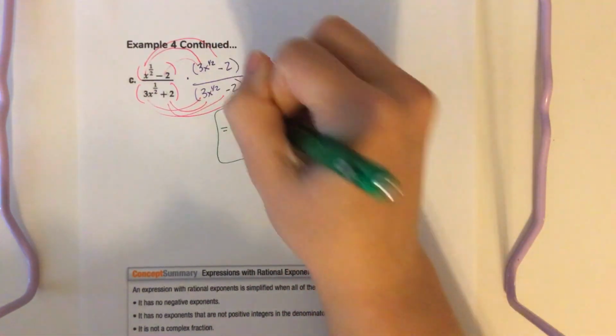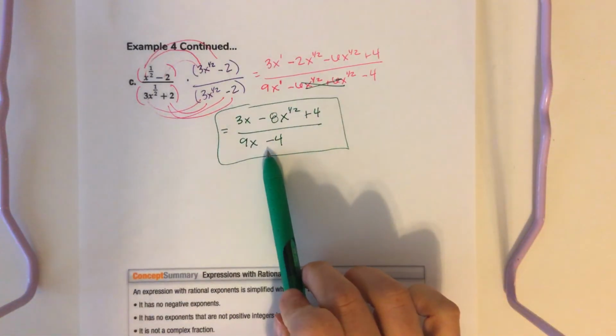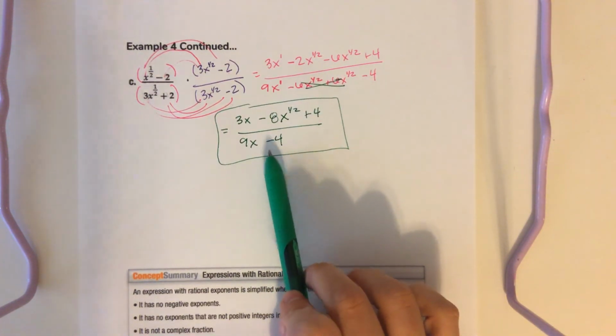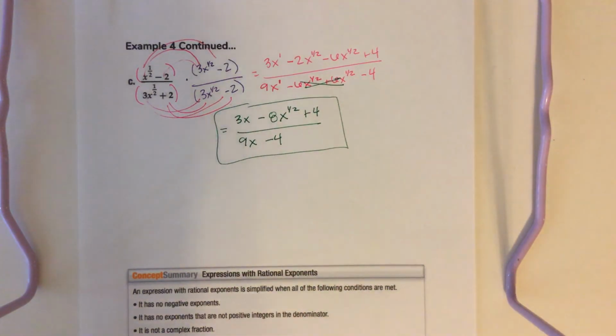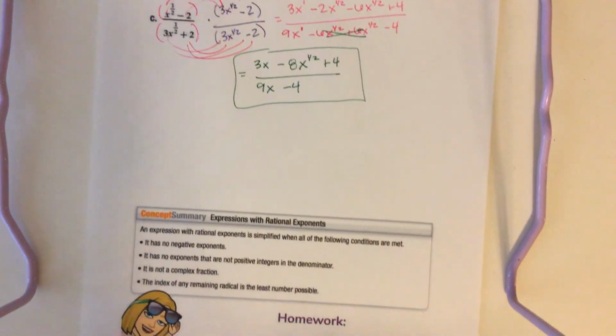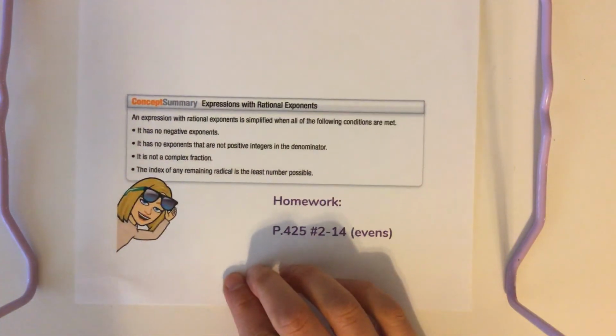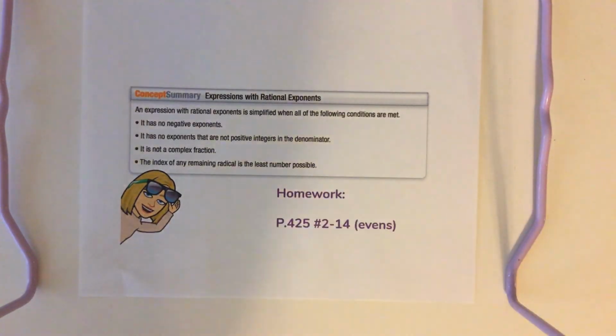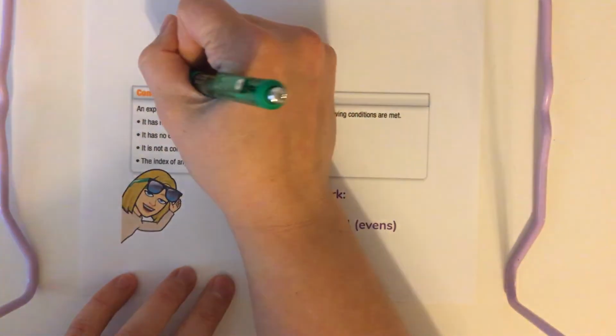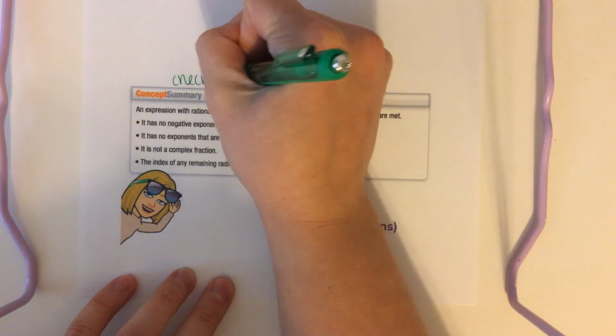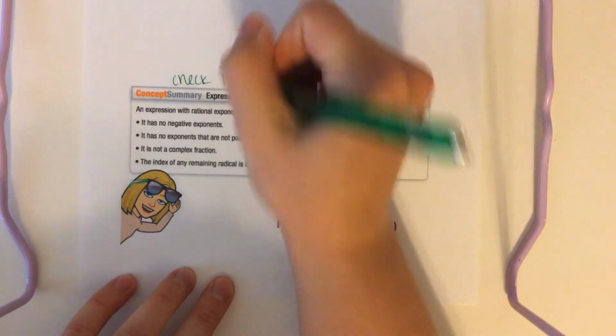So that really wasn't that bad. As long as we don't have an exponent as a fraction in our denominator, we are good to go. And to wrap up this lesson, I have this little chart for you guys, and you can use this as a checklist of, am I simplified enough?